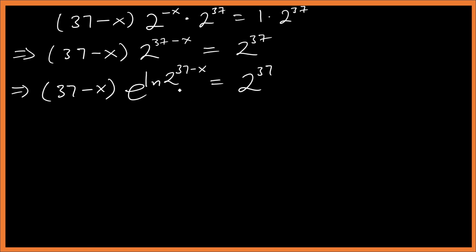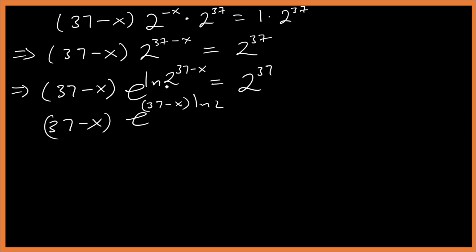Okay, so we have the power rule here. So I have 37 minus x coming down: e raised to 37 minus x times ln of 2.